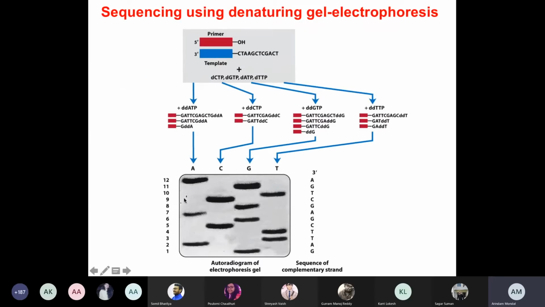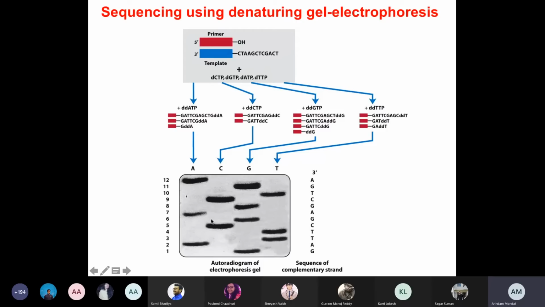So here we have performed four different reactions, one with ddATP, ddCTP, ddGTP, and ddTTP, right? And whenever there is a band that corresponds to A, we can say that there should be a T in the parental template, right? If there is a band in the C, there should be a corresponding G in the template, right?